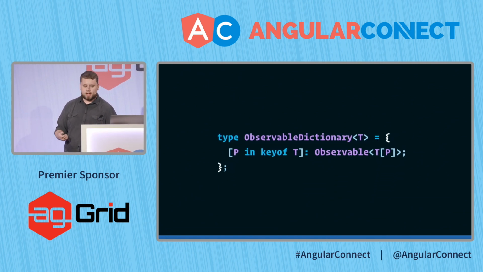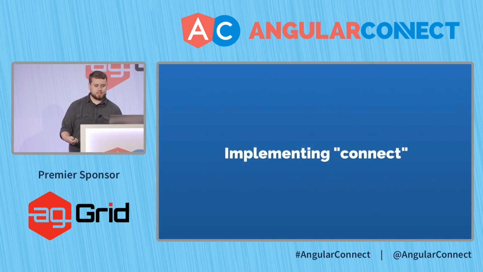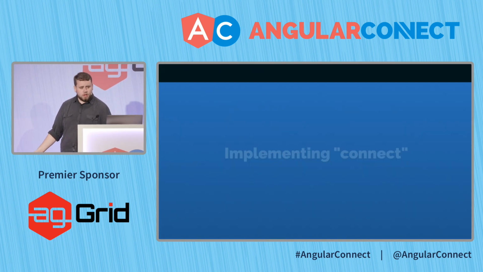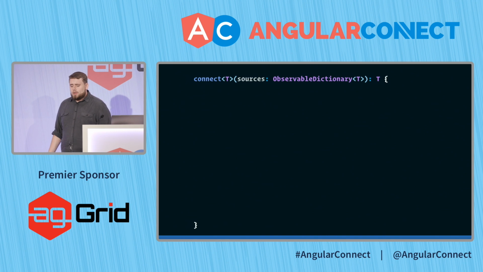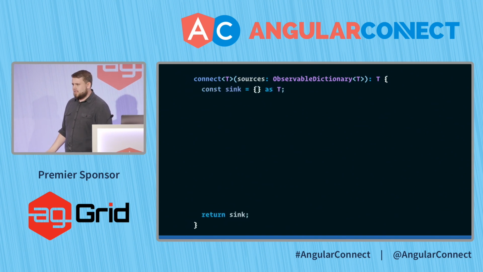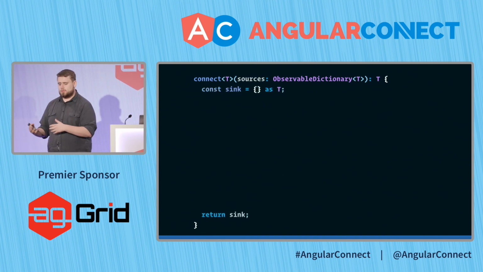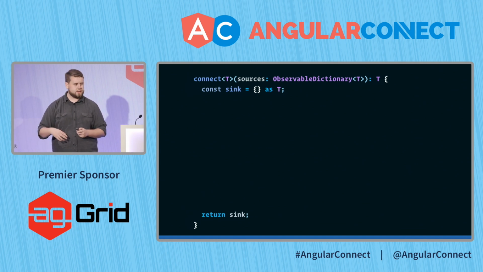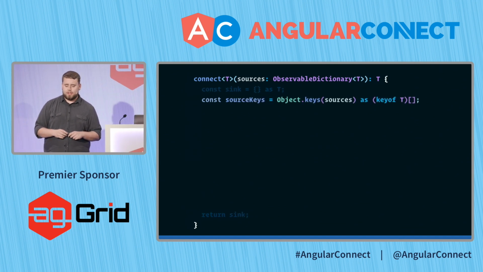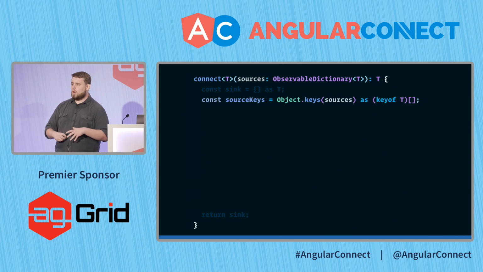Everything will infer correctly. Now we need to actually implement this connect method. So we'll start by creating what I'm going to call a sink. As we subscribe to values, we're going to dump them inside of this sink. And to get at those values, first we have to enumerate over all of the keys inside of the dictionary.